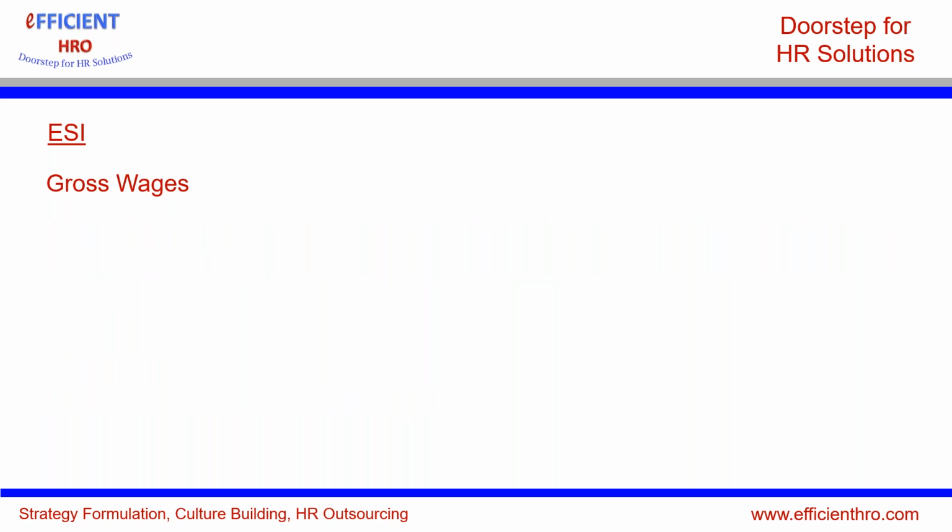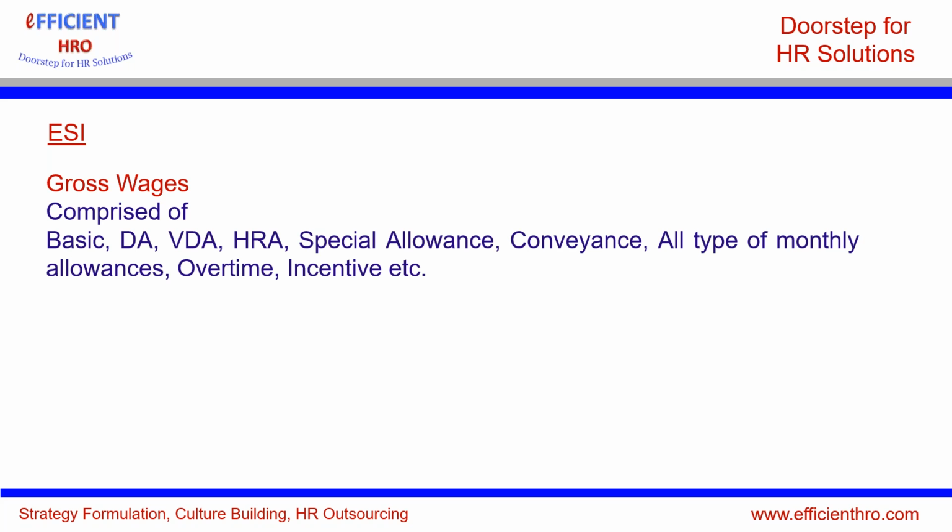Okay. Now what is the definition of gross wages? Under ESI, gross wages comprise basic, DA, VDA, HRA, special allowance, conveyance, overtime, incentive, or you can say all types of monthly allowance.